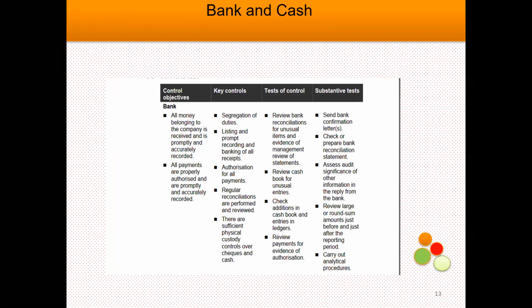Bank and cash. You look at it in terms of receipts and payments. The control objective here is we ensure that money is received promptly and accurately. In terms of payment, you need to ensure that there's proper authorization for it.